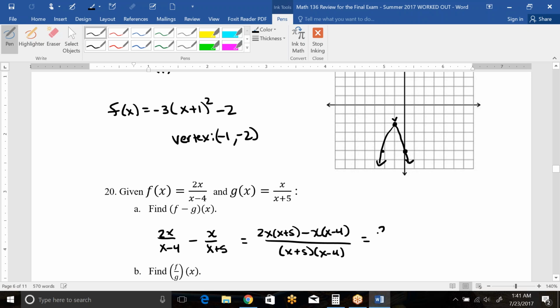Distribute on the top, this would be 2x squared plus 10x minus x squared plus 4x over (x plus 5)(x minus 4). Combining like terms, we get a final answer of x squared plus 14x over (x plus 5)(x minus 4).